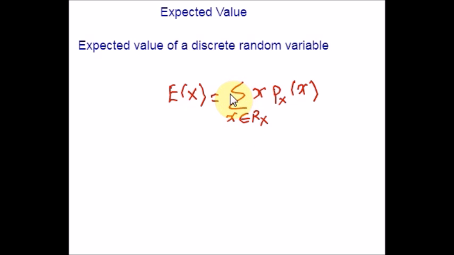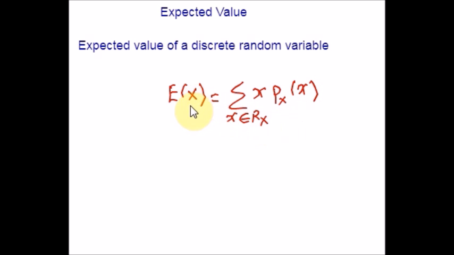The expected value of x is the weighted average of the values that x can take on the elements of Rx. Each possible value x belonging to Rx is weighted by its respective probability p of x. Okay, let me give you the definition.